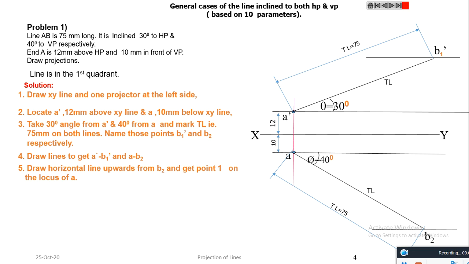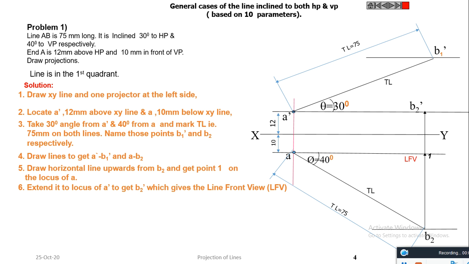Draw a horizontal line upwards from B2 to get point 1 on the locus of A, which is the line front view, and we get the point B2 dash on the locus of A dash.